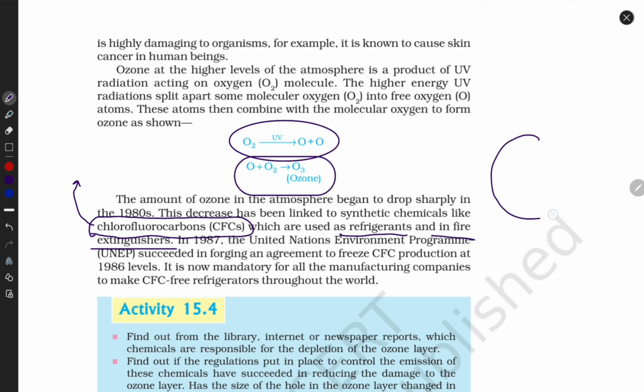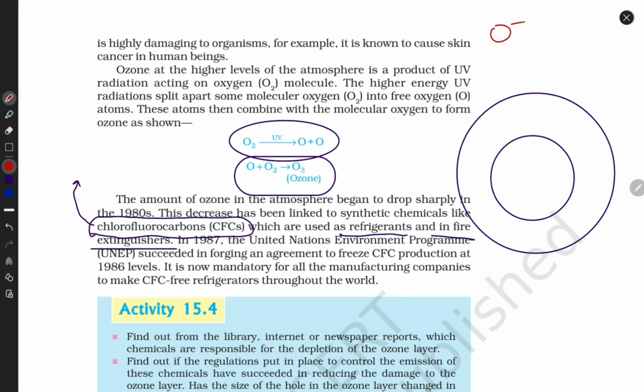Again I will draw. This is our earth, and this is our ozone layer. Okay, guys, this is our ozone layer. This is our sun. Sunlight comes through the atmosphere to the bottom of the earth. Some of it enters and some reflects back, but some heat reaches the earth.